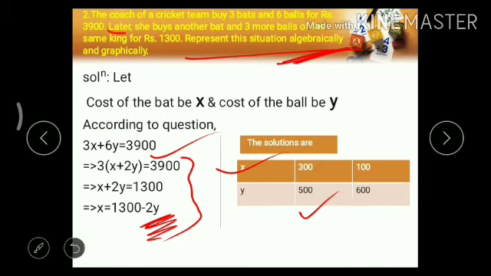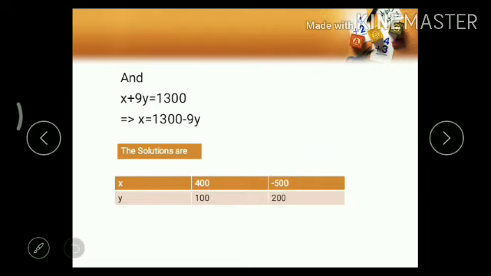Later she buys another bat and 3 more balls of the same kind for rupees 1300. Later she buys another bat, it means one more bat she has bought, that is x.